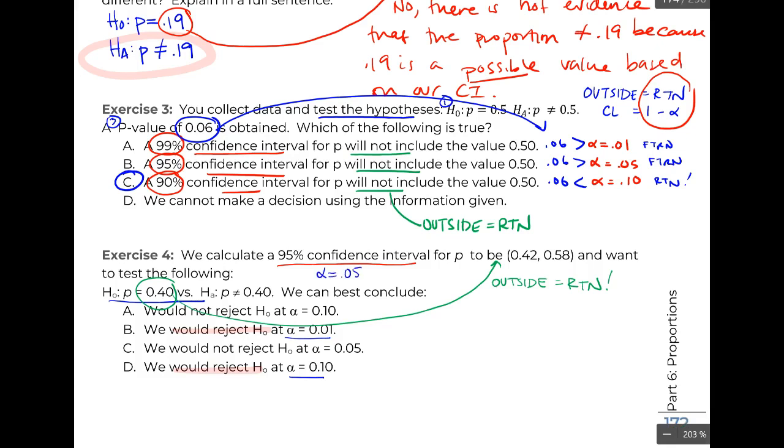It is possible to go the confidence interval way. It's a little more challenging in my opinion, but it is possible. You just have to think about which one's wider. So unfortunately, the alpha for the thing that we're talking about is neither of these. And C has the correct alpha, but it says the wrong decision. So this is why I said this one is particularly tricky.